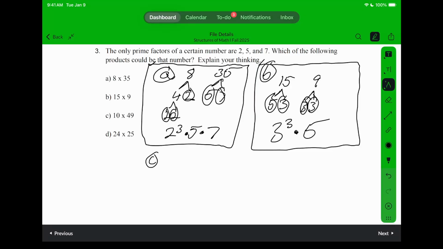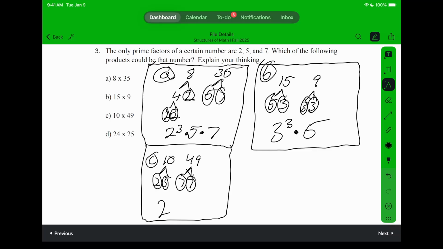We have C, which is 10, which you can do 2 and 5, and 49, which is 7 and 7. So you have 2 times 5 times 7 squared. That's a 2, yep.